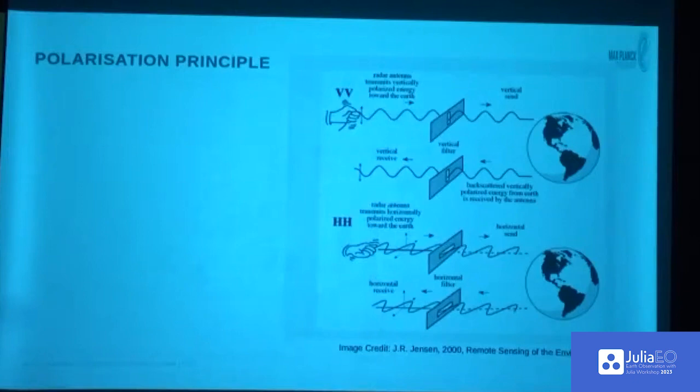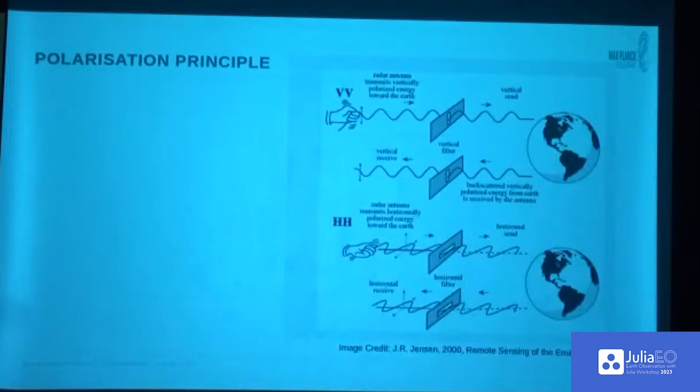This influences how the SAR signal interacts with the land surface. Basically the satellites in orbit can either send the data vertically or horizontally, and some of them can then acquire the backscatter also in vertical or horizontal.